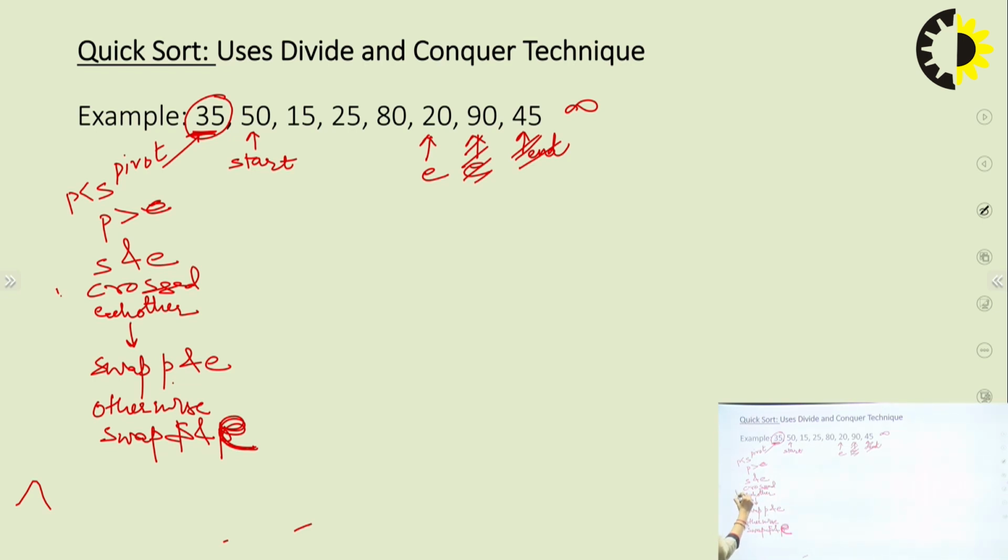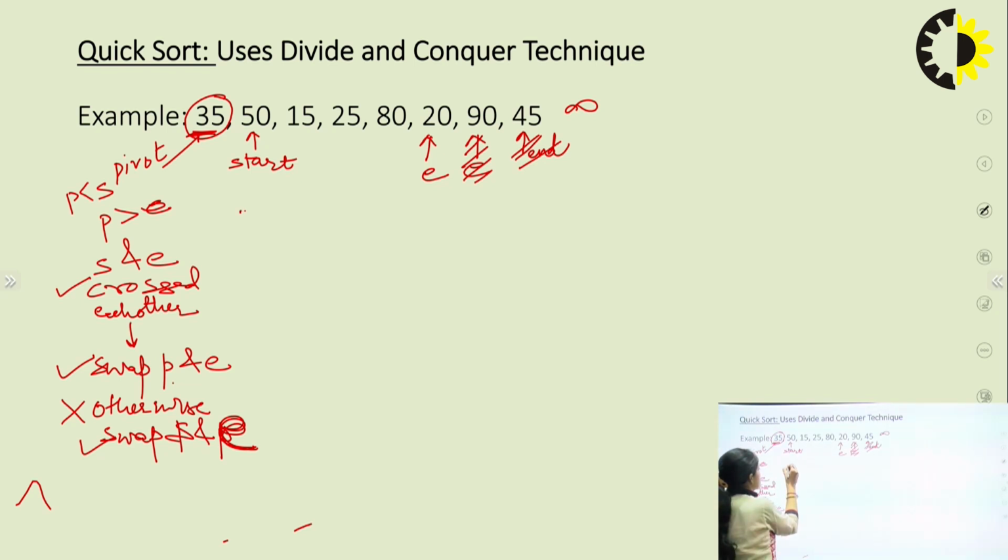If crossed, then swap P and E. If not crossed, then swap S and E. So let's look into this. Here we have start, here we have end. They have not crossed each other. So in that case, we need to swap S and E.